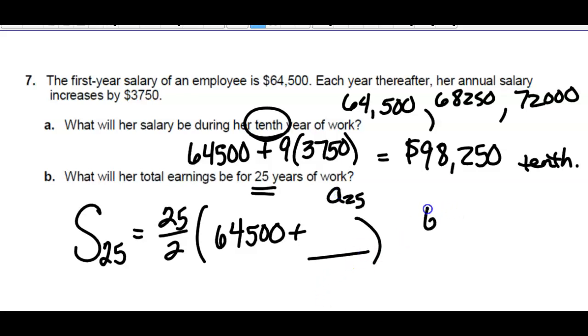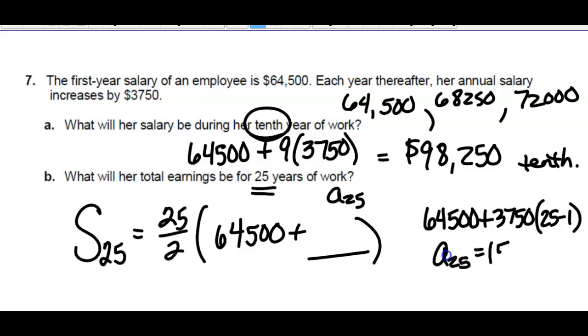So to find the 25th term, I'm going to say her first year plus $3,750 got added 25 minus 1, or 24 times. So by her 25th year, she was making $154,500. But that's only her 25th year, not all 25 years added together.